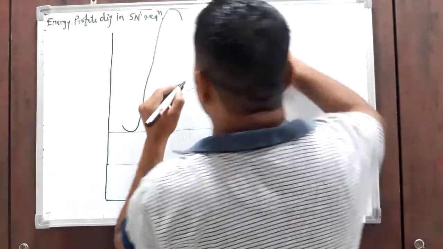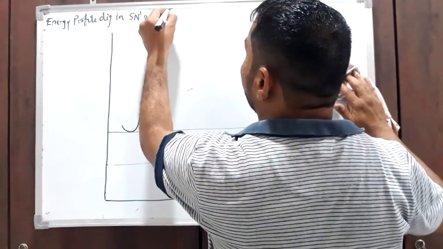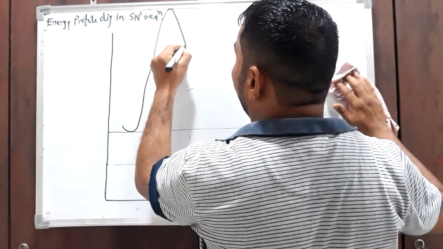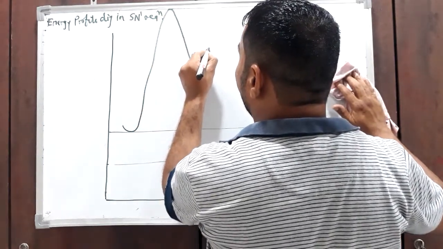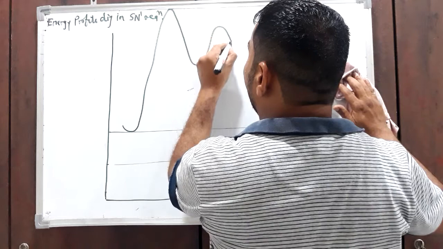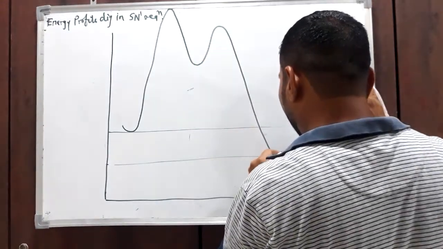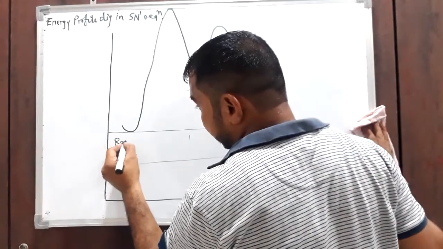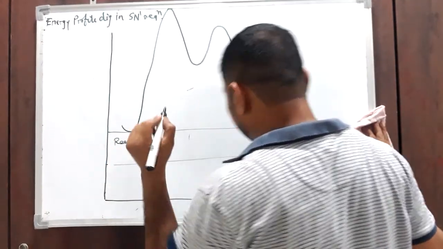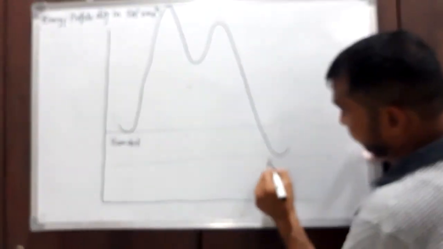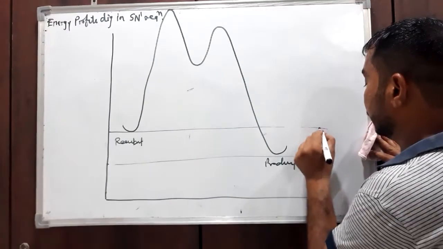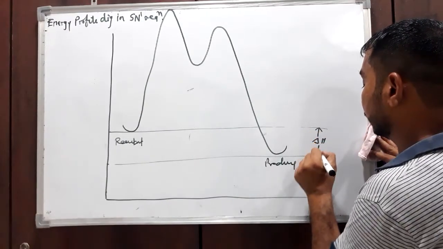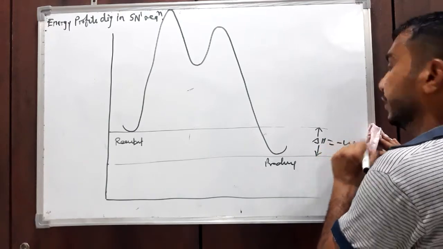In SN1 there are two peaks, like this. Okay, this is the reactant and this is the product. This is delta H, which is negative, an exothermic reaction.